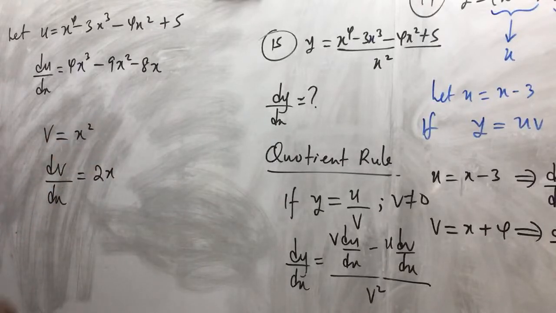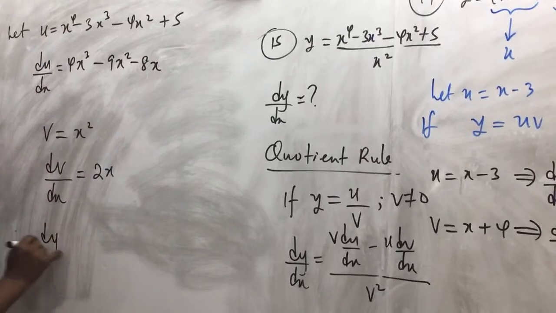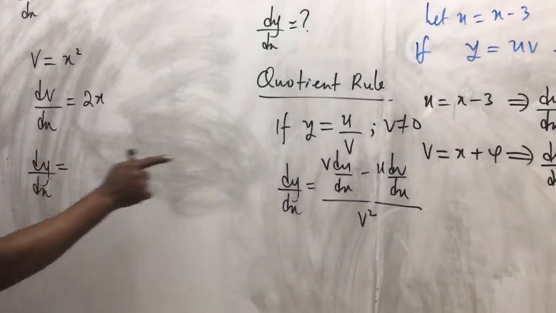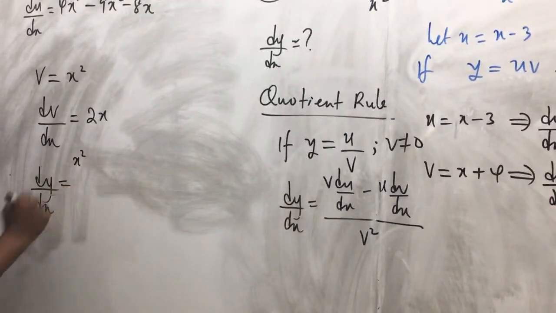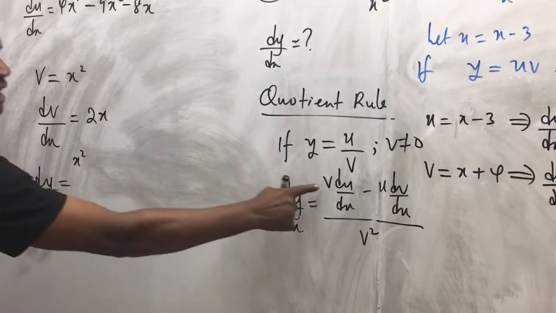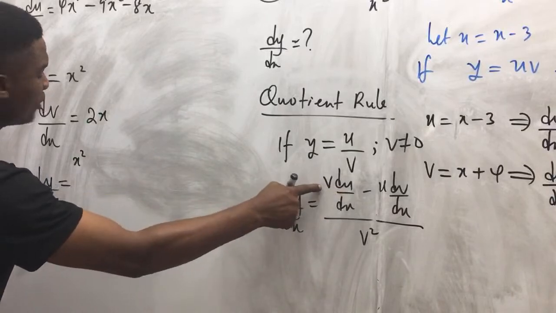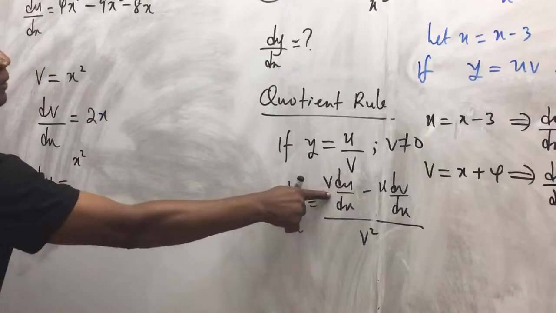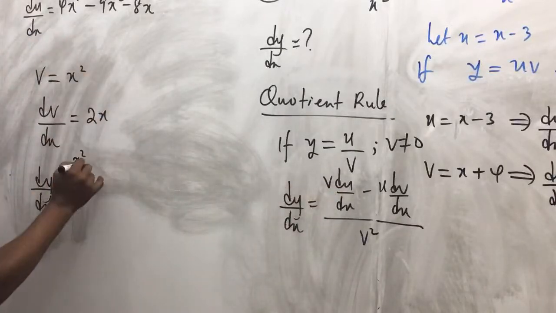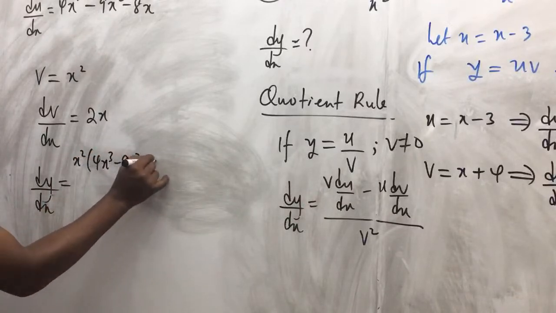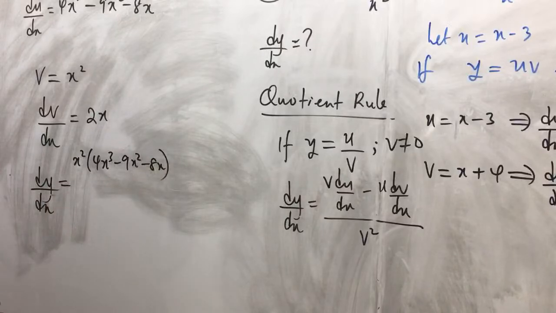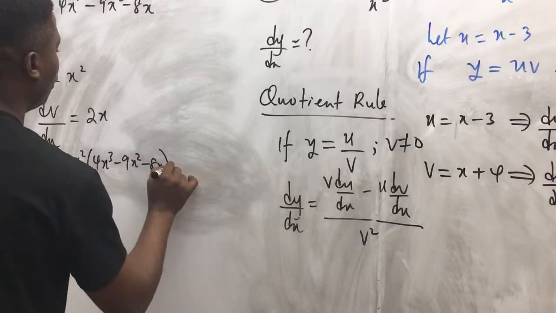Okay? Now, once you are done getting these results, you can now say, therefore, the dy/dx will be equal to, according to this, v. What's your v? You bring it here, x squared. What's your du/dx? It says v times du/dx, so you bring your v, x squared, multiplying your du/dx. Your du/dx is this, (4x cubed minus 9x squared minus 8x), close bracket, then minus u.